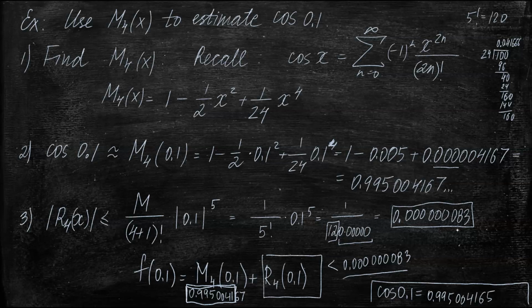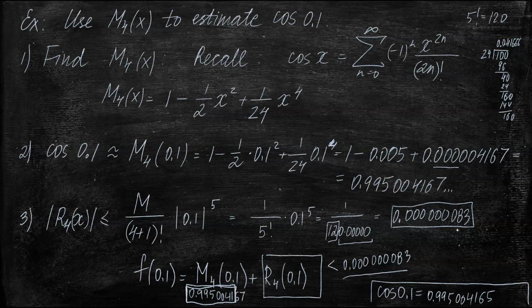So again, we were able to get the first 1, 2, 3, 8 digits correctly without a calculator. We just did it by hand using the fourth Maclaurin polynomial. And what did the remainder theorem allow us to do? It allows us to quantify the error, that is, now we know how precise our estimate is.